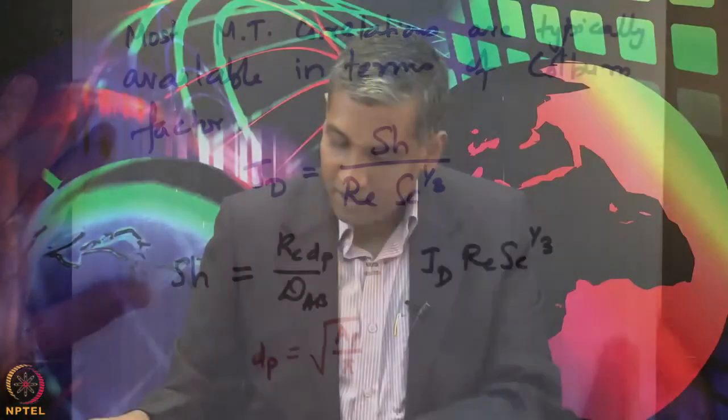This Colburn factor is of course a function of the Reynolds number, and let us see how that depends on the Reynolds number, which captures the velocity with which the fluid stream is flowing through the reactor.